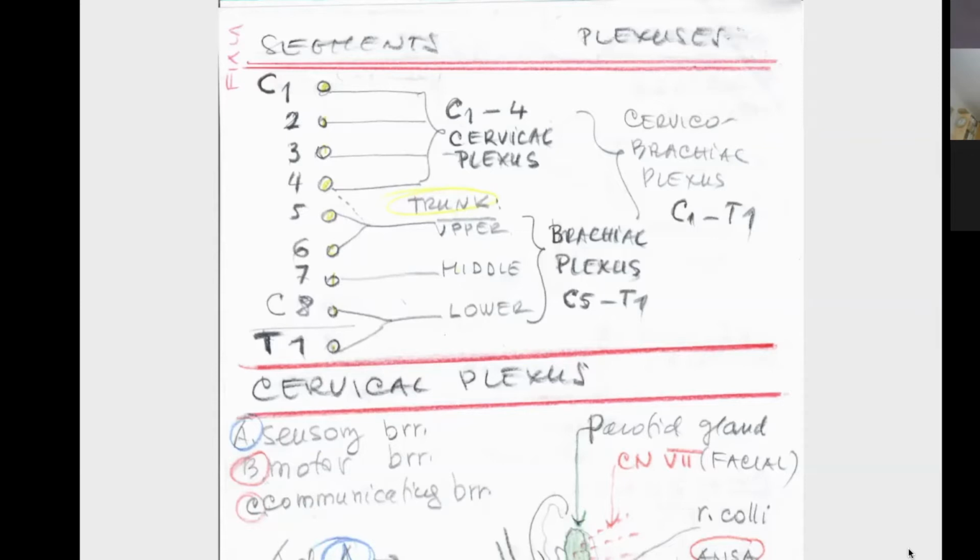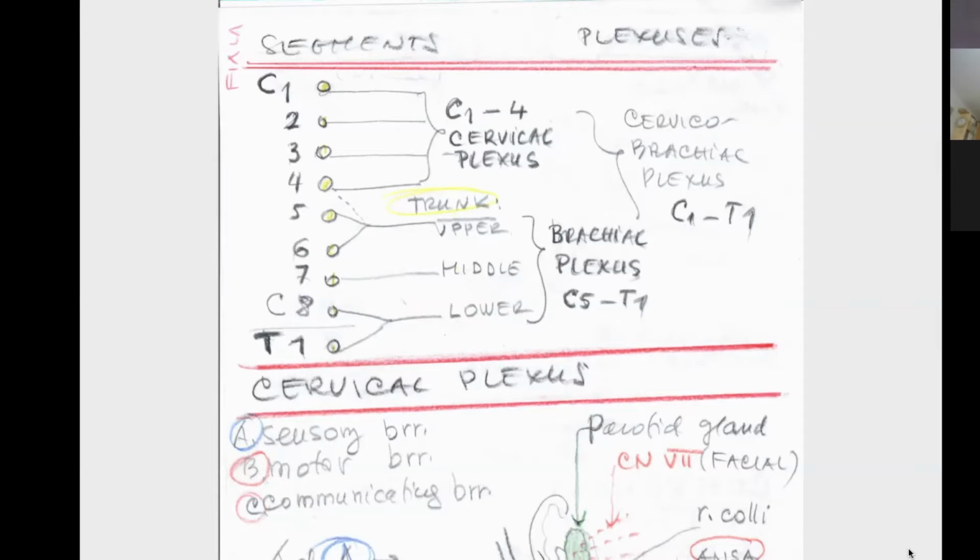We try to pay our attention to the left part of the diagram. We see the segments labeled in the yellow point and labeled by C1, 2, 3, 4, 5, 6, and 7, C8 and also T1 or TH1, which means thoracic. As you look at the first four segments from C1 to C4, they form the cervical plexus.